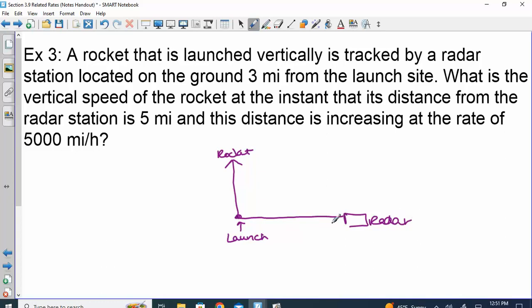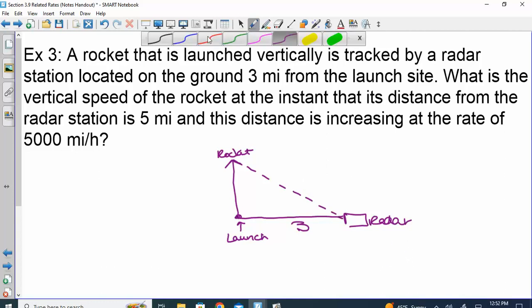Is this a variable or is this a constant? Constant. So I'm going to go ahead and label that with a 3. It's always 3, that's how far apart they are. Neither one of them is moving, so that doesn't need a variable. Alright, so we have a triangle here.